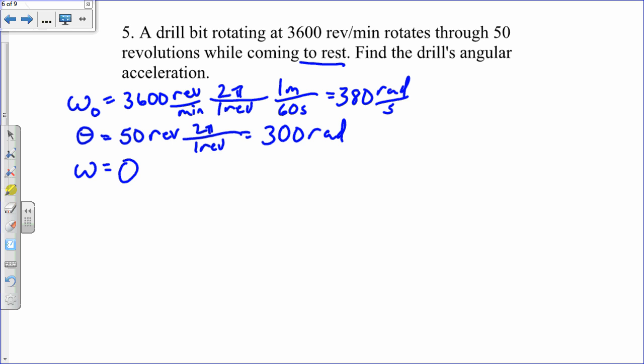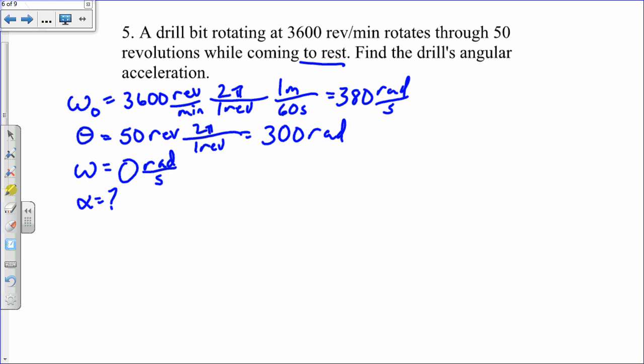So this is a little bit different than other problems. It's coming to a rest, so it's slowing down. That means that when I get to my alpha, it should be negative. So omega is 0. I think that's all that I know. I want to know what alpha is.